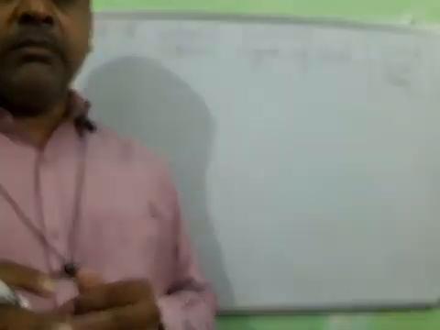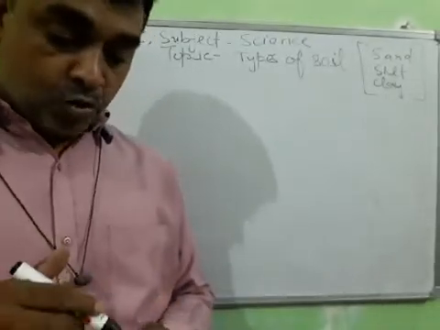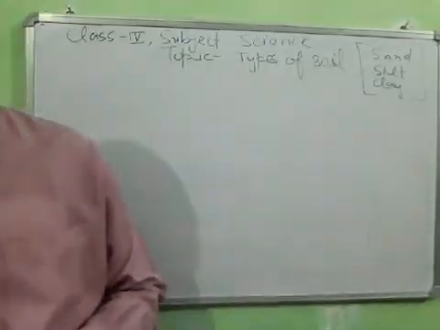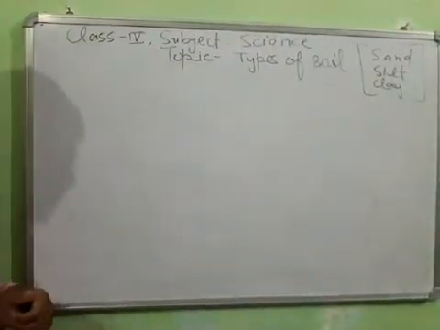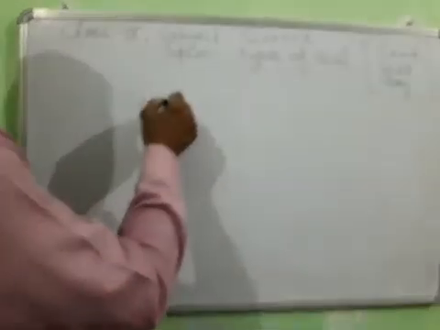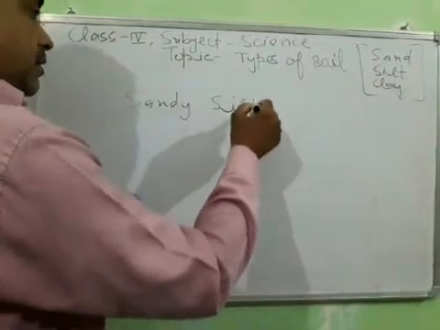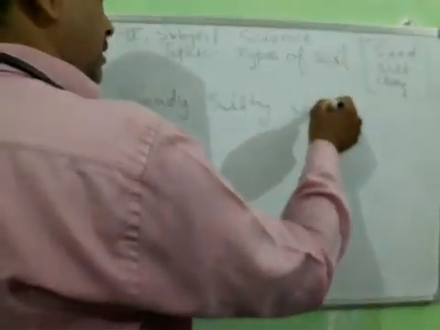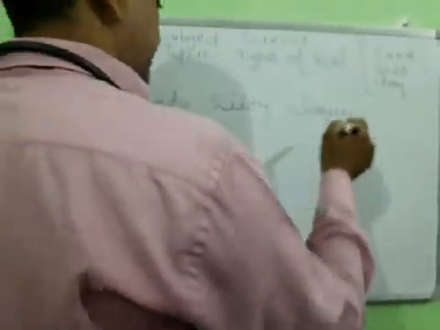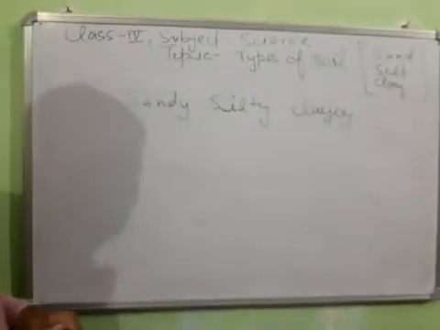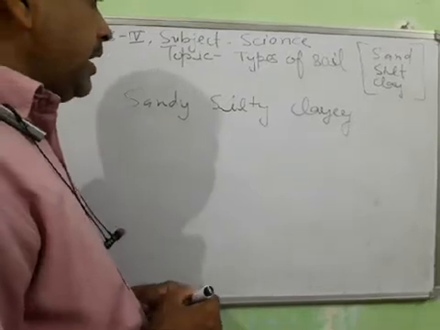Soil is found mainly in three types: sandy, silty and clay.